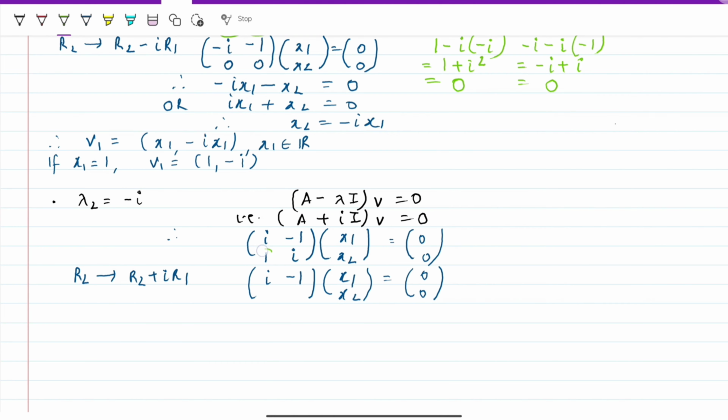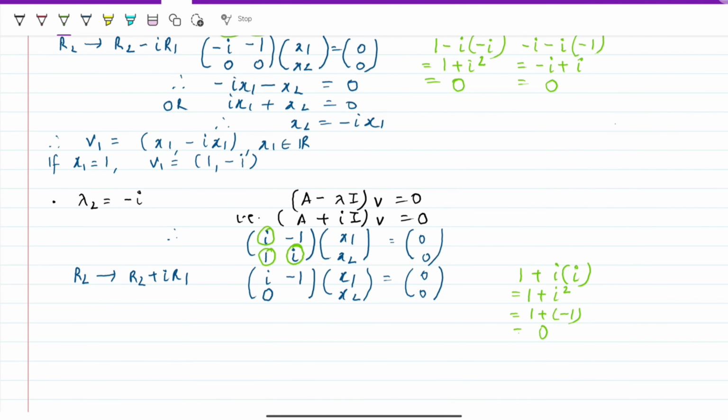Now let's focus on this entry. So we'll be performing R2 plus i times of R1. The R1 entry is i. So we get 1 plus i squared. That's 1 plus minus 1, which is 0. So this entry is 0. Now focusing on the next entry, we have here i in R2.